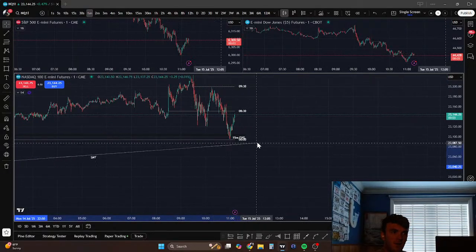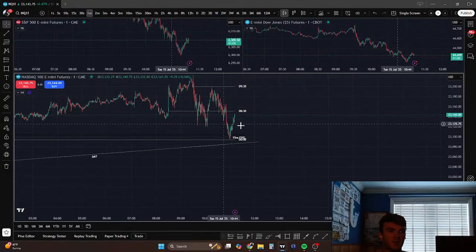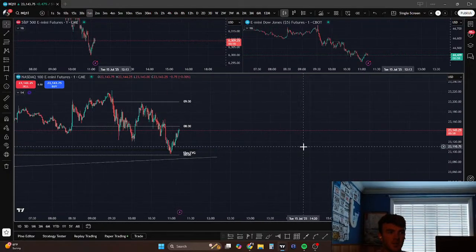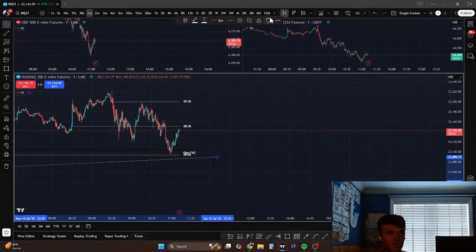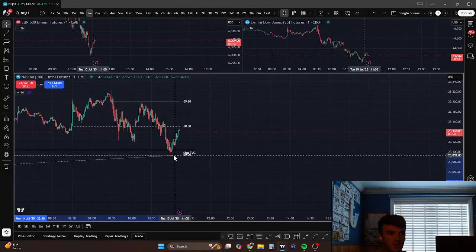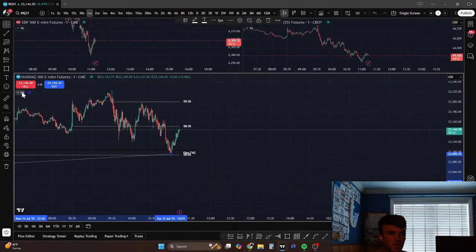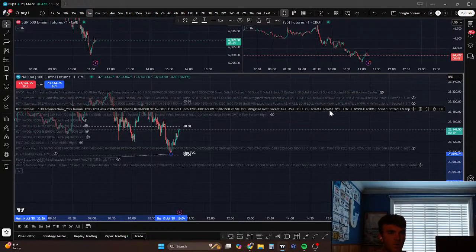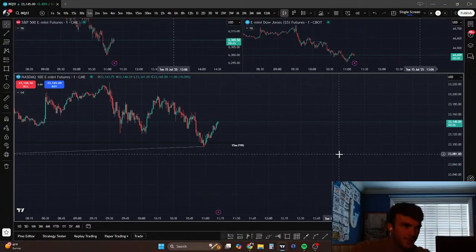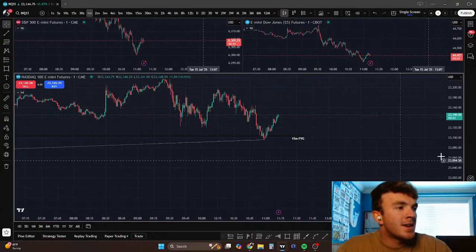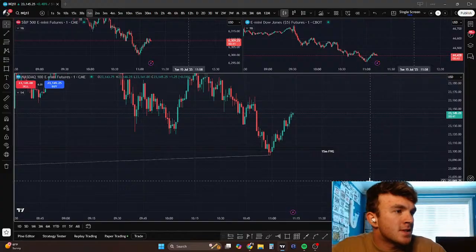So I'm not saying we can't go off this inversion here. We could. But it looks decent, right? From a signature point of view, it looks decent.